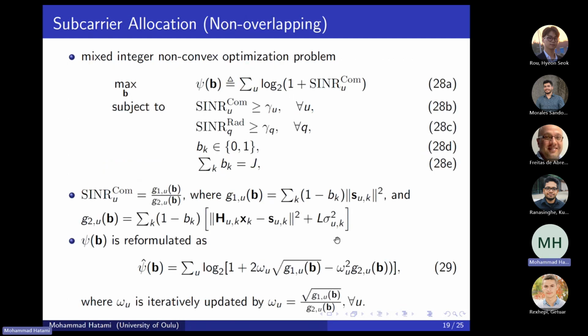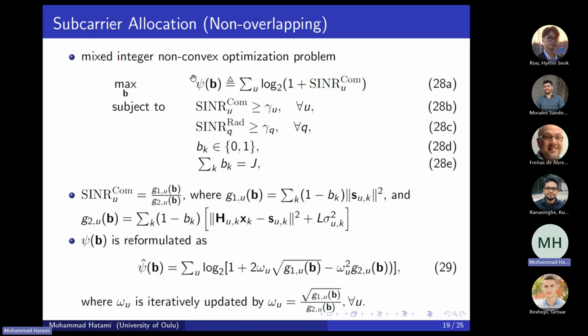For the non-overlapping scheme, we can rewrite the problem as shown here in 28, which is a mixed integer non-convex optimization problem. To deal with this objective function, which is non-convex, we can use the same method that we have used for the waveform design.